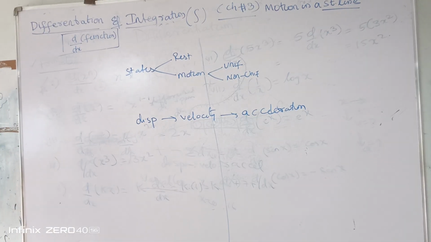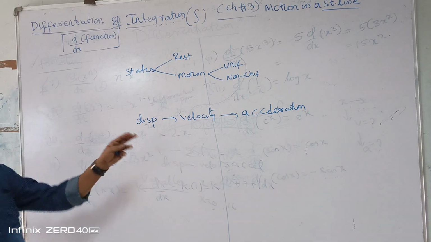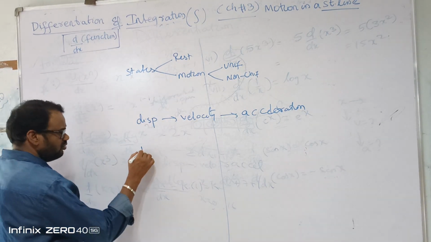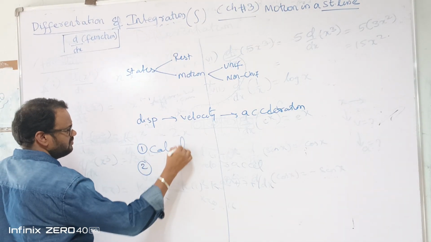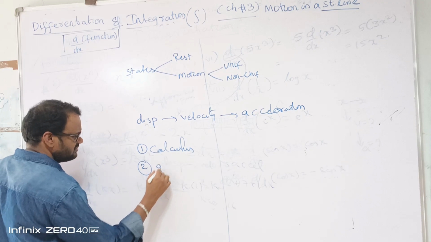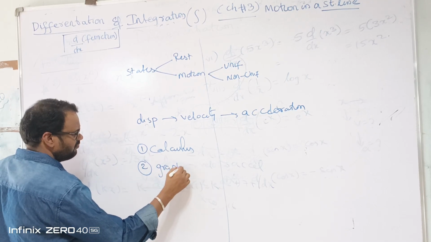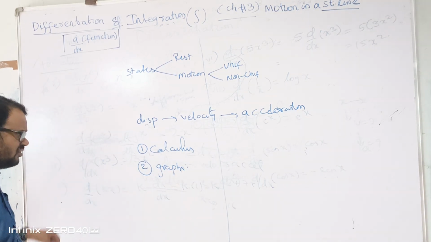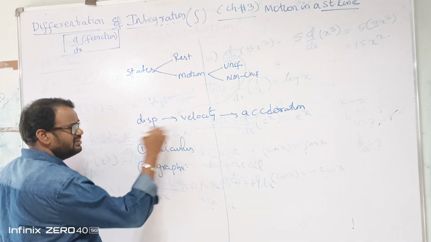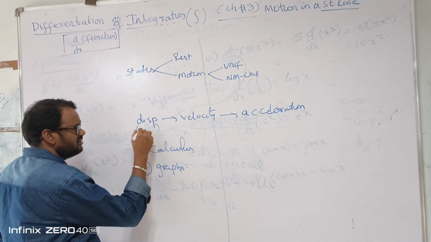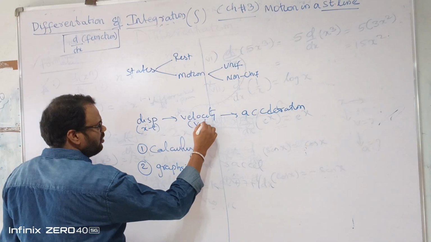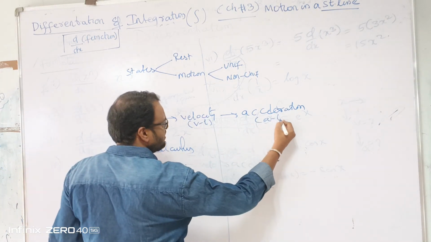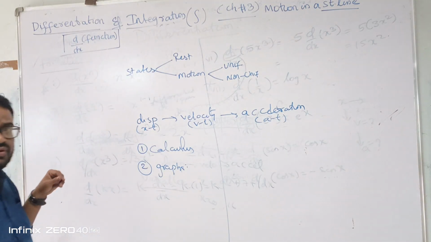How are we going to understand the relation between these? There are two ways of understanding this: one is called the calculus method, the other is called the graphical method. Hopefully you have some idea about graphs. In graphs we deal with three kinds of graphs. One is the displacement time graph or position time graph, another is the velocity time graph, and the other is the acceleration time graph.